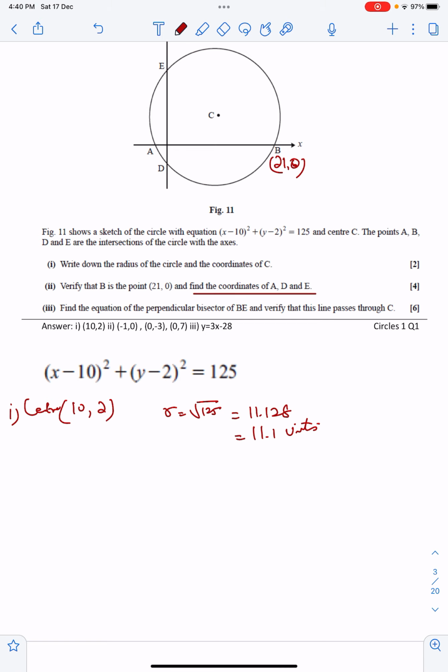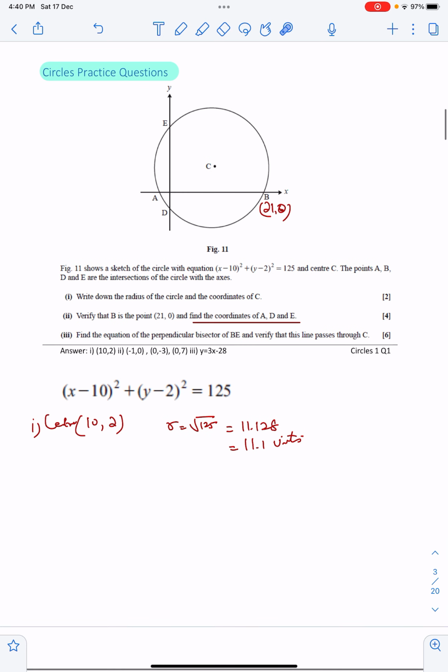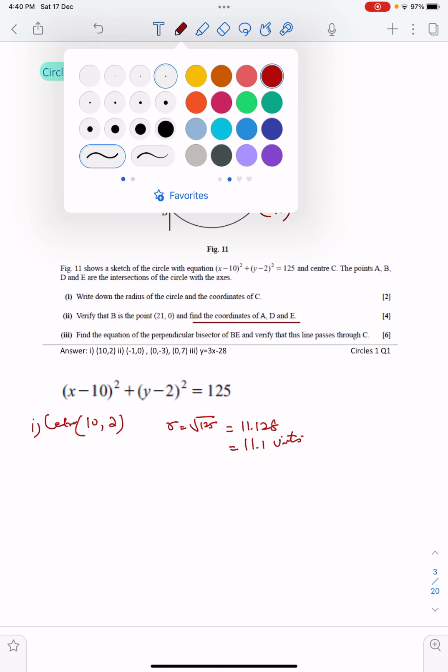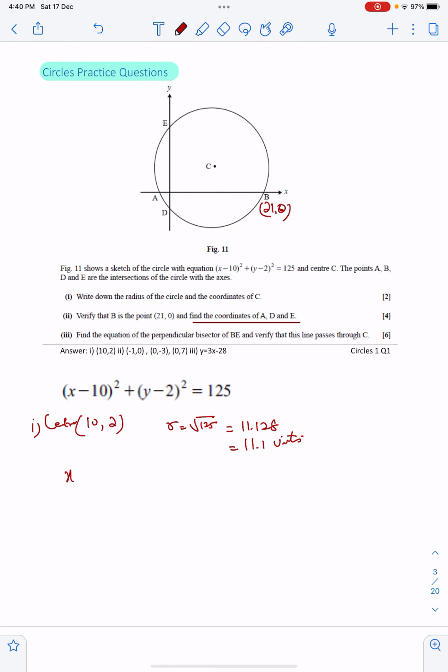We know that to find the point of intersection with the x-axis, when we have the equation of the circle, on the x-axis y is always 0, so we will make y equal to 0 in the equation. So I'm putting y equals 0 in the equation here: (x minus 10) squared plus (0 minus 2) squared equals 125.